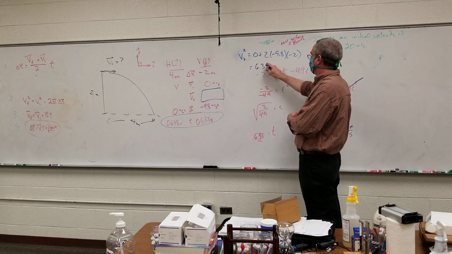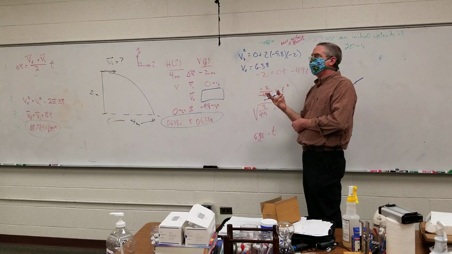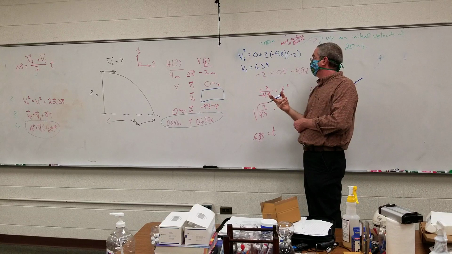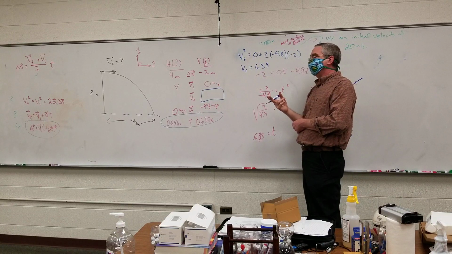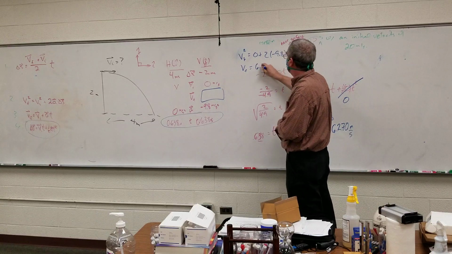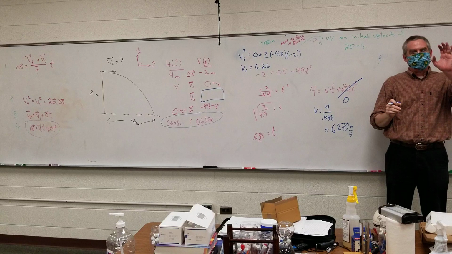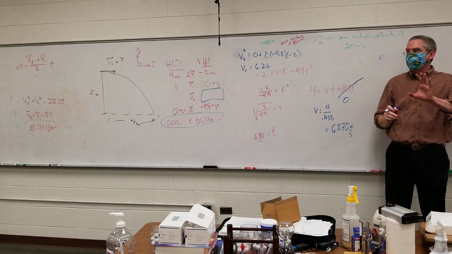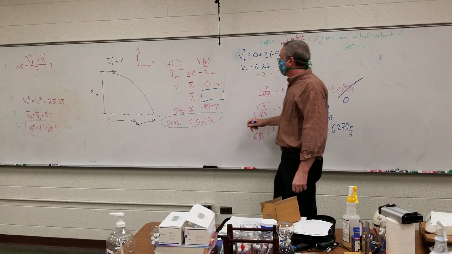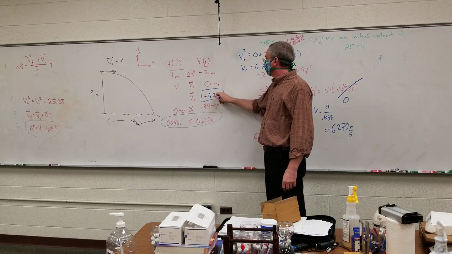It's going to be somewhere around 6.38. So the speed is 6.26 meters per second, but we're finding final velocity. So my final velocity is negative 6.26 meters per second.